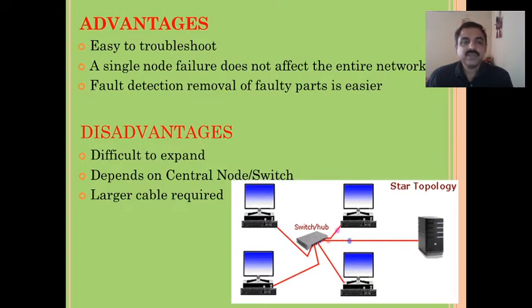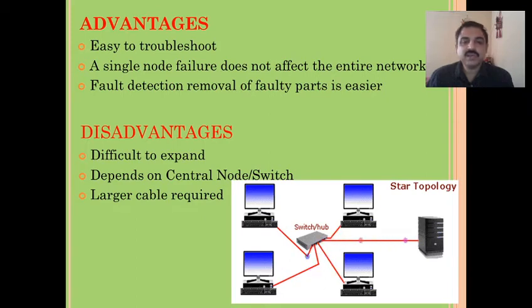Disadvantages: difficult to expand. That means each switch has a capacity. If you want an additional system and the switch is already utilized to its maximum, expanding is difficult. For example, if a switch supports 8 systems, you cannot have a 9th system. It depends on a central node.